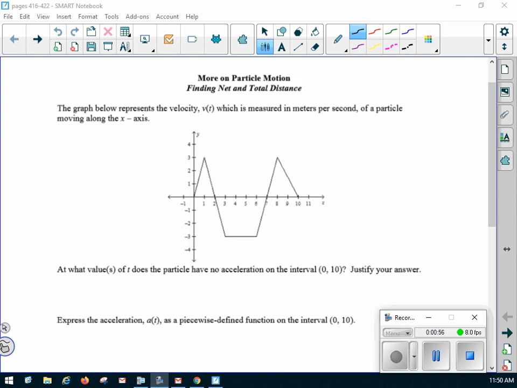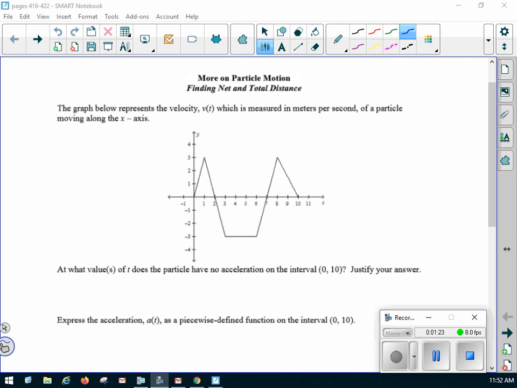My total distance is from here to my house, back to here to Walmart. That's my total distance. My net distance is from where I started to where I finished. I started here and ended up at Walmart, okay?